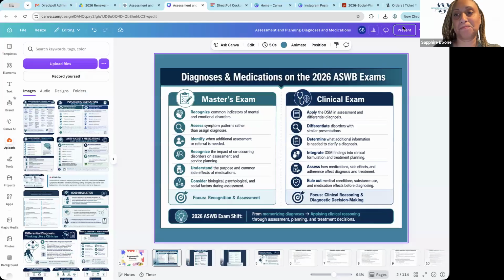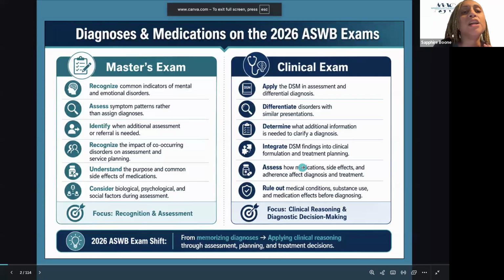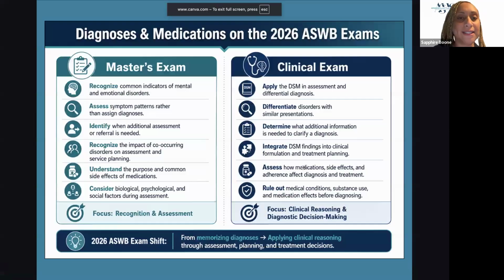Okay, so for the master's exam, we have recognizing common indicators. Similar to what I always used to say, it's more about recognizing the symptoms, making sure that you're looking at all of the symptoms that are present in the scenario. Of course, part of assessing for an emotional or mental health disorder may require additional assessment.